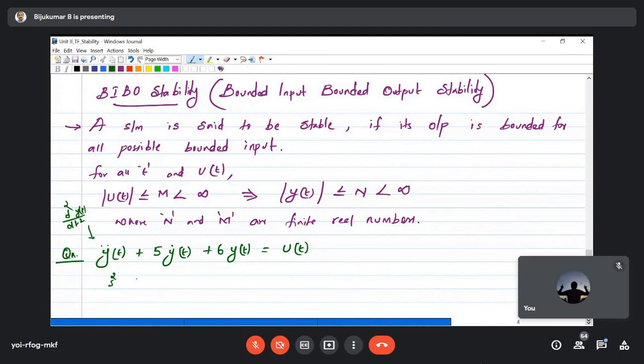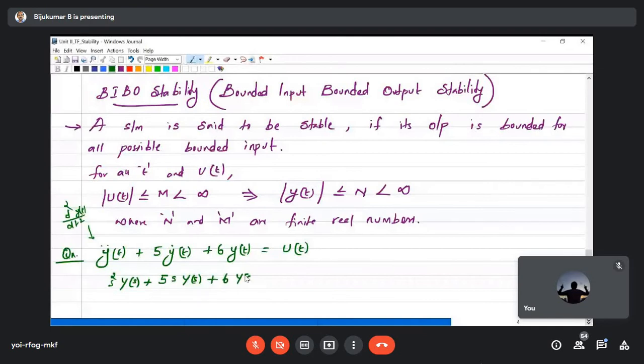Anyway, I am going to deal with transfer functions only, so we don't need to write the initial conditions hereafter, because they are 0 obviously. So directly I can write s square into y of s plus 5 y dot t can be written as 5 s multiplied by y of s plus 6 multiplied by y of s equal to u of s.